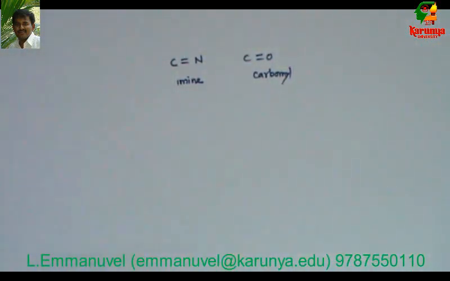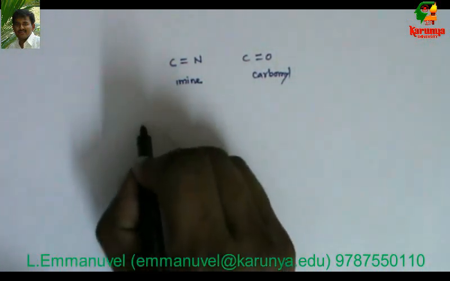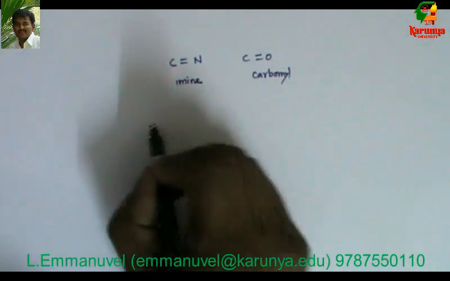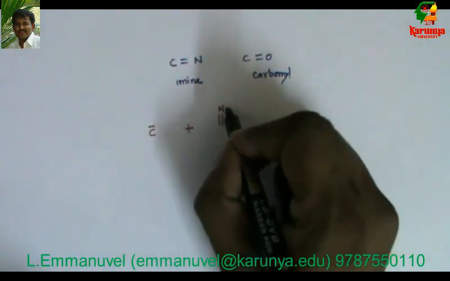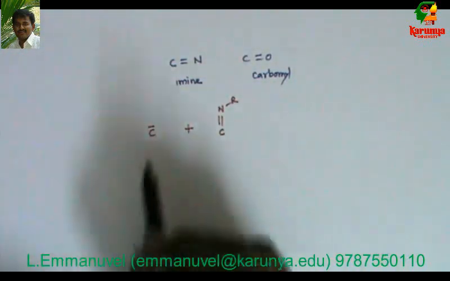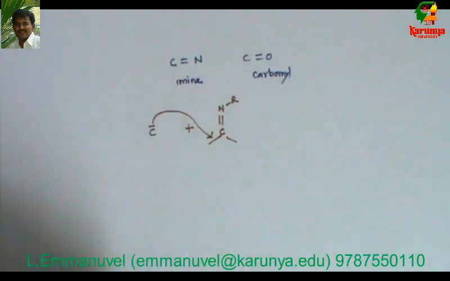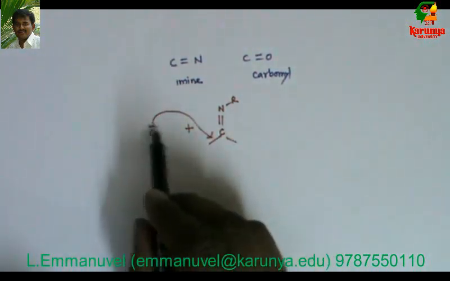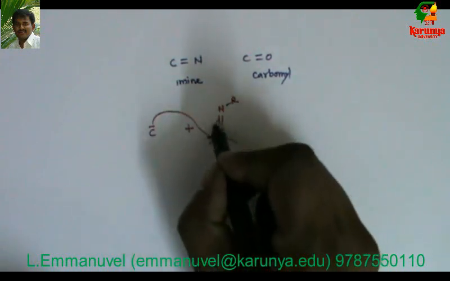So what will be the reaction? Now the minus charge, that is a carbanion, can attack here. When it is attacked, the number of bonds on this carbon increases to 5. So what happens?